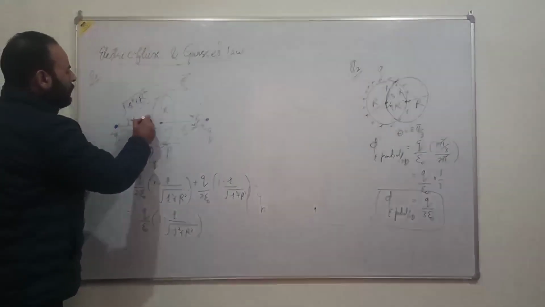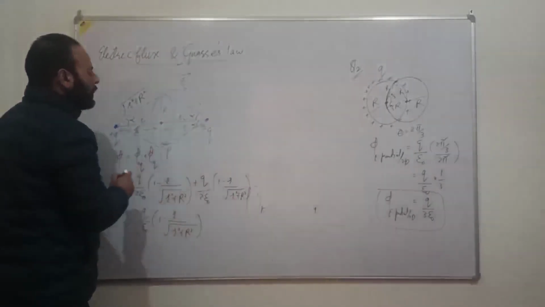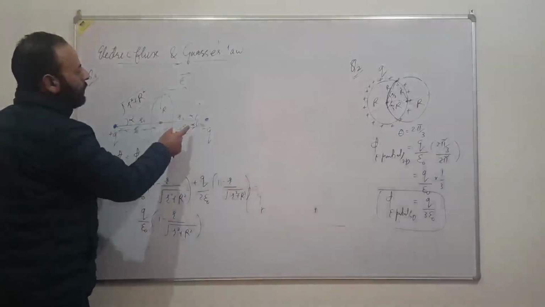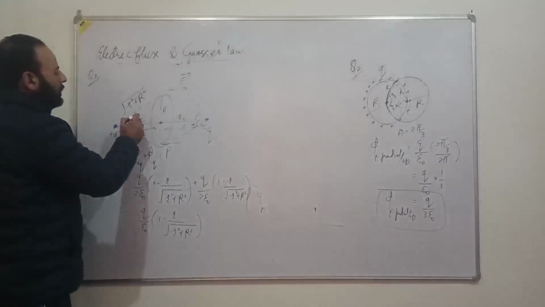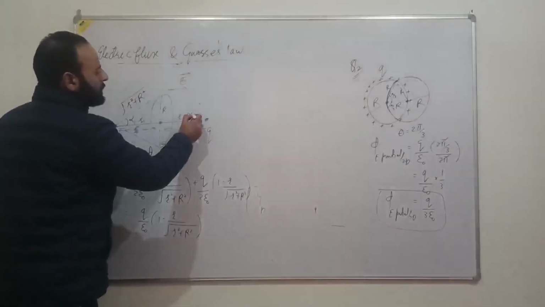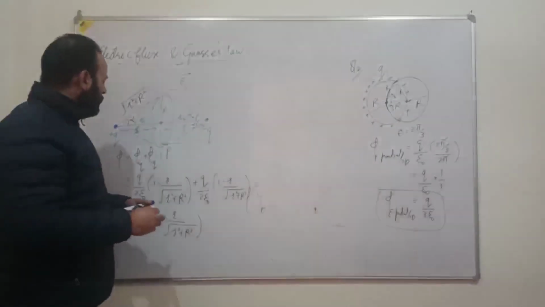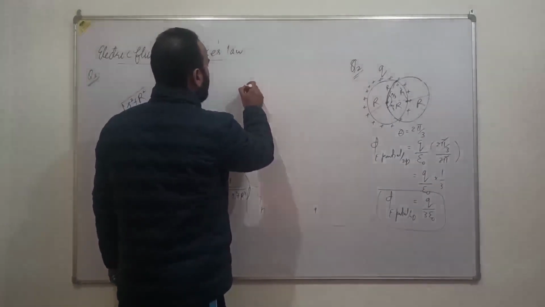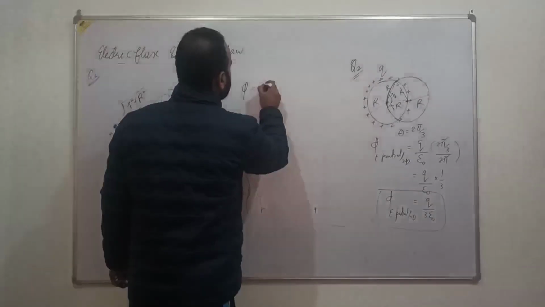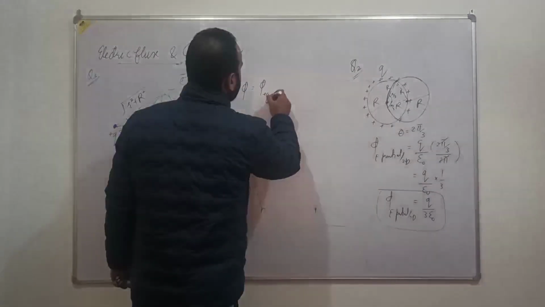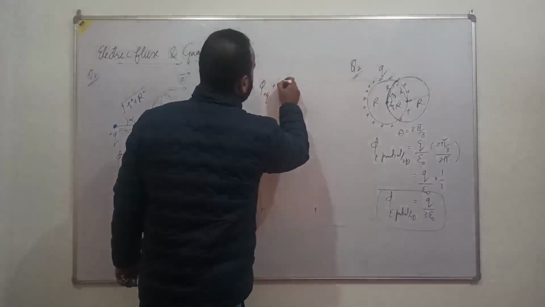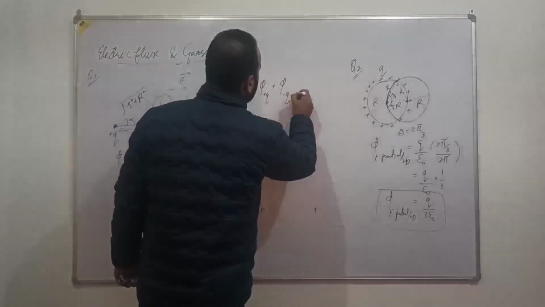Now this is R1 and this is R2, right? So this will not be alpha and alpha. I can call this alpha 1 and this alpha 2, right? So what we do here, we can write phi is equal to phi plus, plus phi minus Q, right?